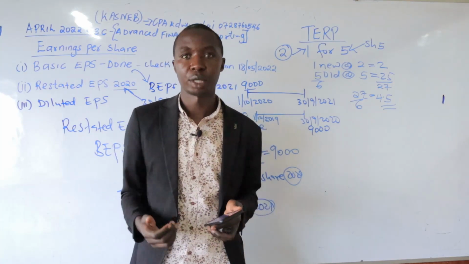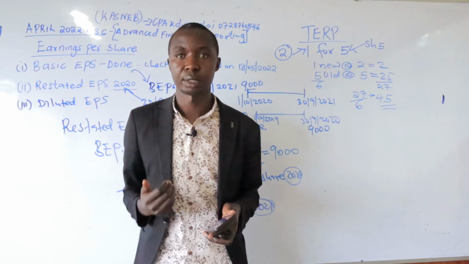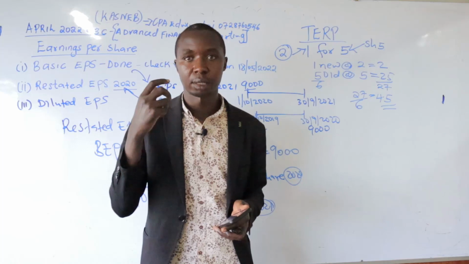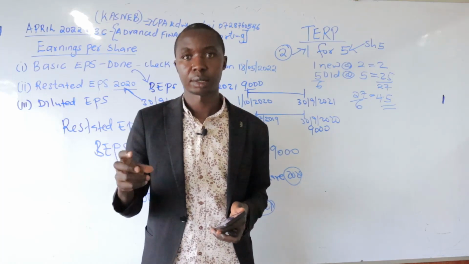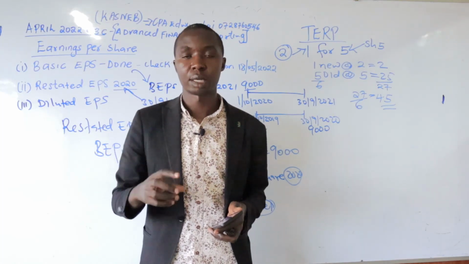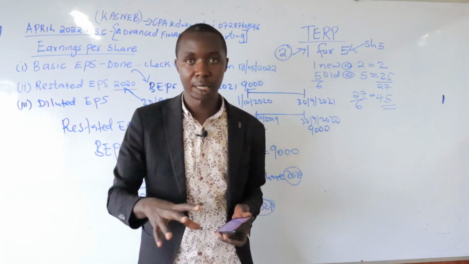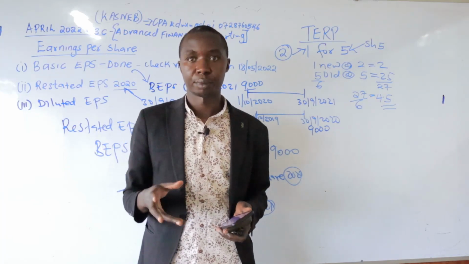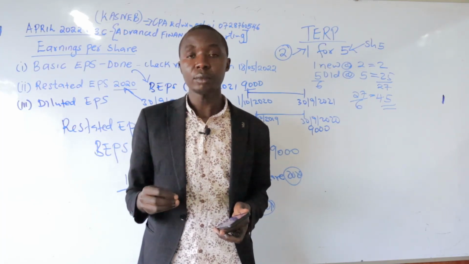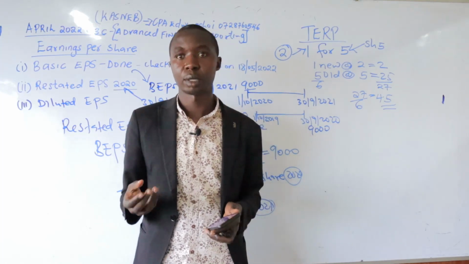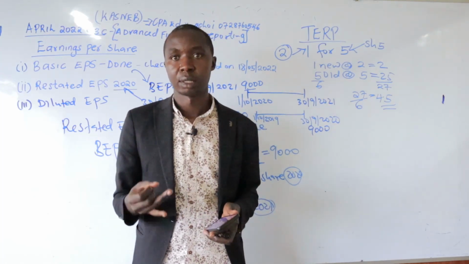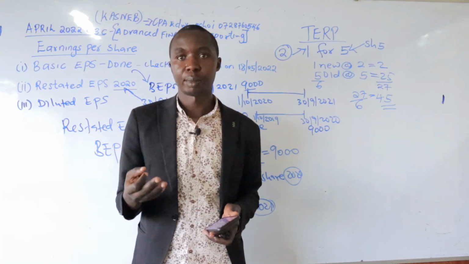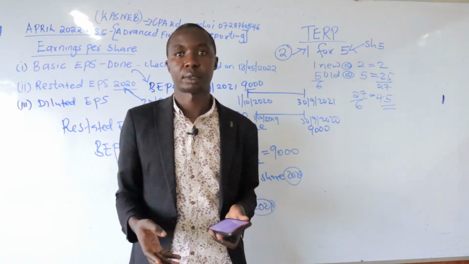When doing the diluted EPS, we always use the potential securities, the securities which are likely or unlikely to be converted to ordinary shares in the future. So, which are these securities? We have convertible preference shares, convertible debentures or bonds, and stock options or warrants.